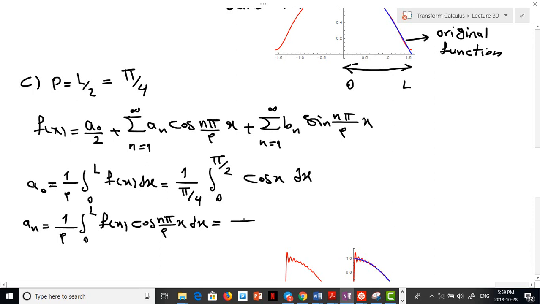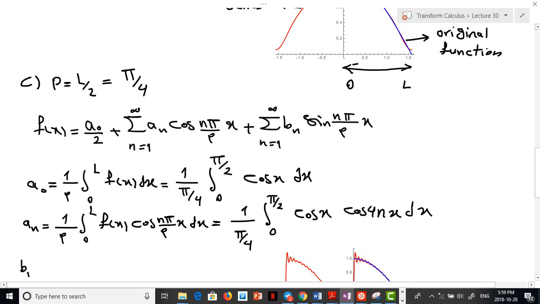So in fact it is equal to 1 over pi over 4, the integral from 0 to pi over 2, f(x) is cosine x times cosine n pi over p, which is cosine 4nx, dx. So you can find a_n as well.